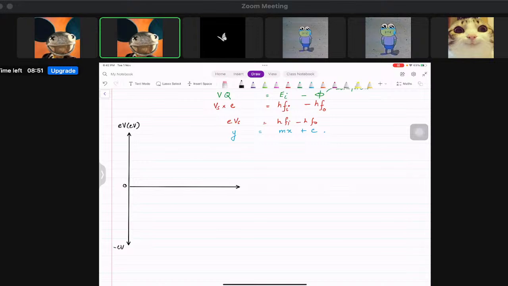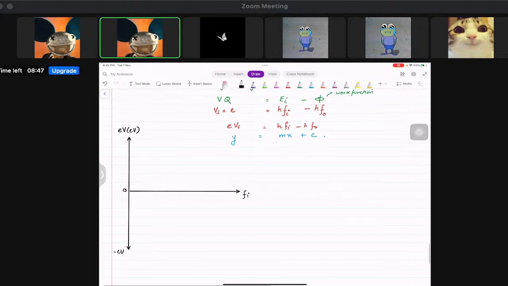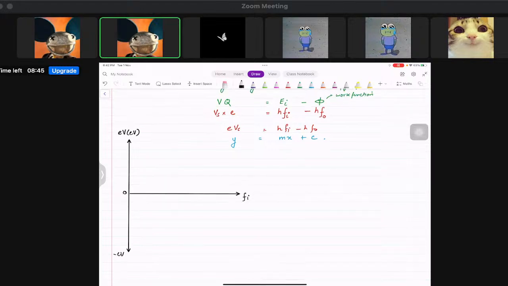And here you have the incident frequency of the wave, whatever wave is coming. You see that it has a negative intercept, which starts from somewhere here. Let's say this is minus h f naught. That's the negative intercept, and then the line has to be a straight line with an intercept, of course.